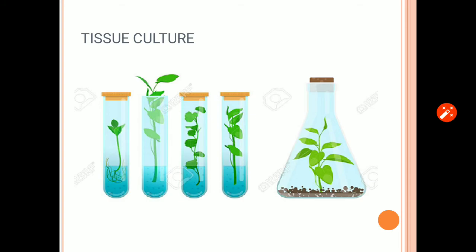If we take out the apical meristem from the plant and use it as an explant, then we can easily get disease-free plants from a diseased parental plant. The image also shows how in the nutritive solution we get a plantlet from the tissue.